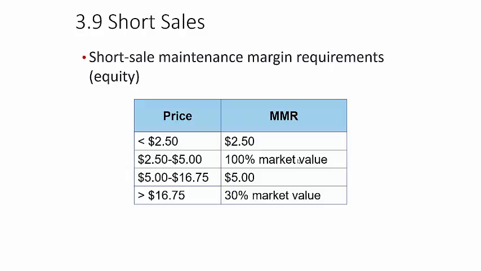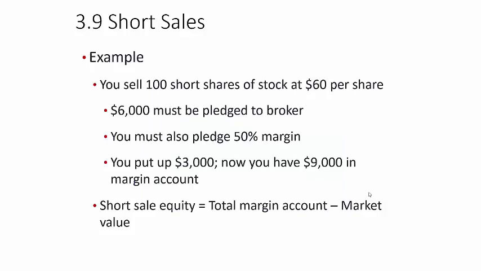The money has to stay in there. Alright? If it's between $5 and $16.75, then we're talking about $5 a share. If it's greater than $16.75, then we're looking at 30% of the market value. This is what you would have to have in your maintenance margin account, your maintenance margin requirements, for you to be a part of the strategy. The broker is going to require this.